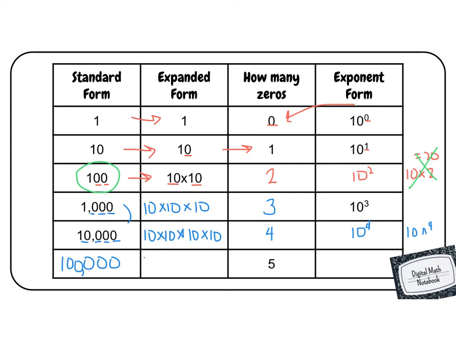So we would need to write 10 times 10 times 10 times 10 times 10, 5 times. And this would be 10 to the power of 5. Or again, if you're writing it on a keyboard, 10 and the little up arrow and then a 5. We'll talk about how to make those together, so don't worry about making it perfect just yet. Great job, 5th graders. Let's keep going.